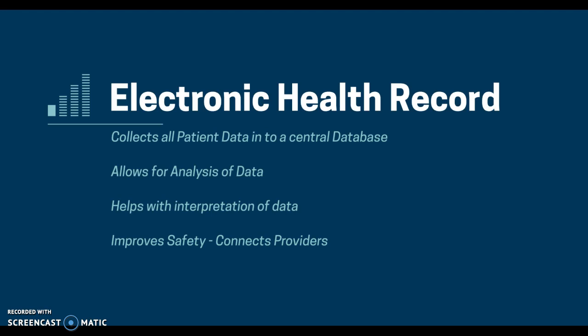So the electronic health record is our centralized database that allows for analysis of data. It allows for the interpretation of different trends from the data, helps us extrapolate all this information, and kind of drive the practice into a safe way. And it improves patient safety, especially. It's able to connect with providers.